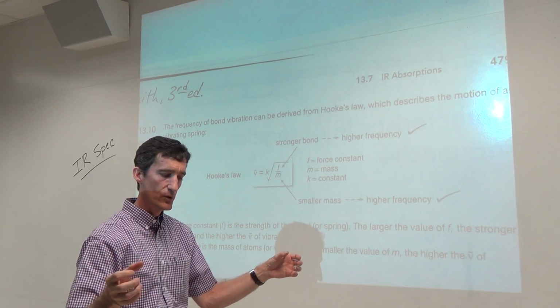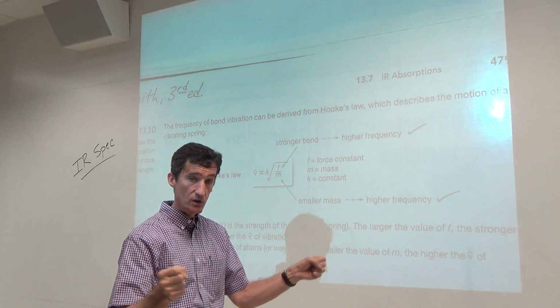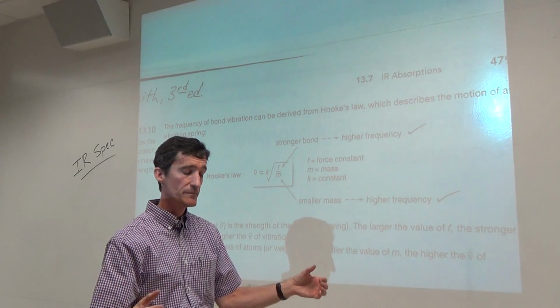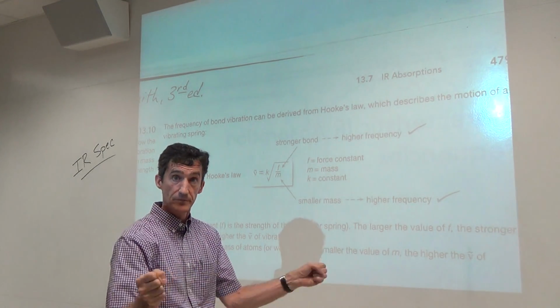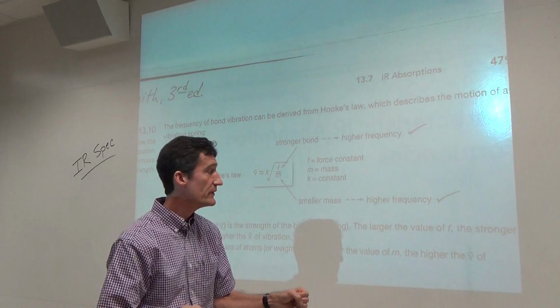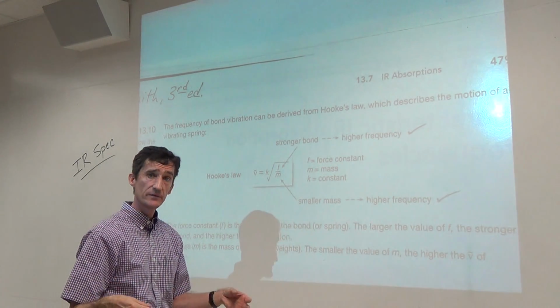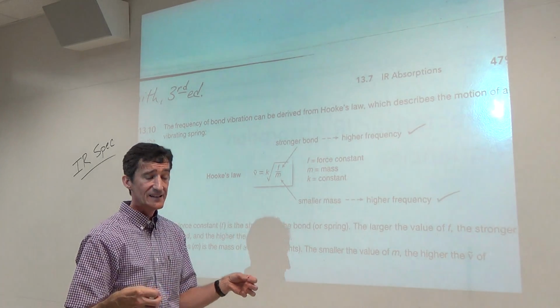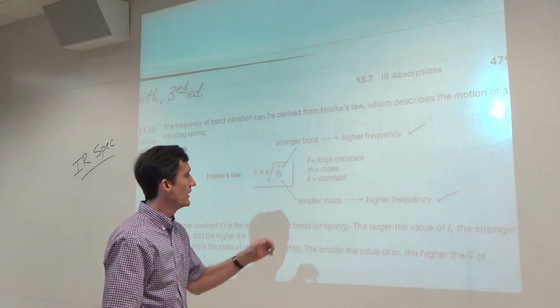Is that going to slow the stretch down or speed it up? Well, it actually slows it down, like having two bowling balls. If you got two bowling balls, that spring is not going to be able to do like this. The bowling balls slow down the vibration. On the other hand, if you put two marbles on the end of your spring, that's not going to have much effect on the inherent vibration of the bond.